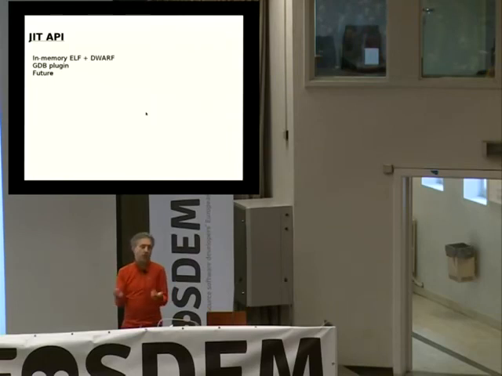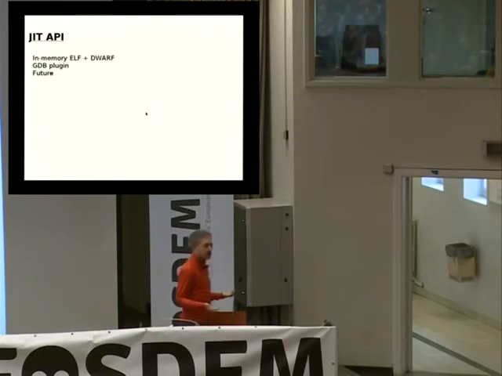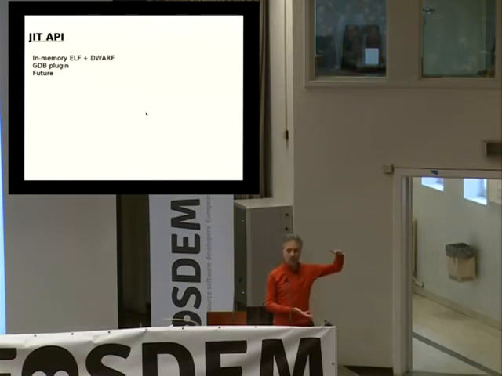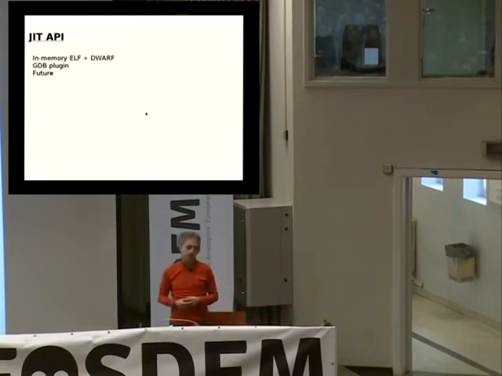you have a magic function. This was implemented before we had system tap probes. If we did it today, we'd just have a system tap probe for it. But you just have a magic function in your program. And once this ELF is in place, you update some data structure and you call this function. And GDB just has a breakpoint on this function. GDB knows, this is the protocol.